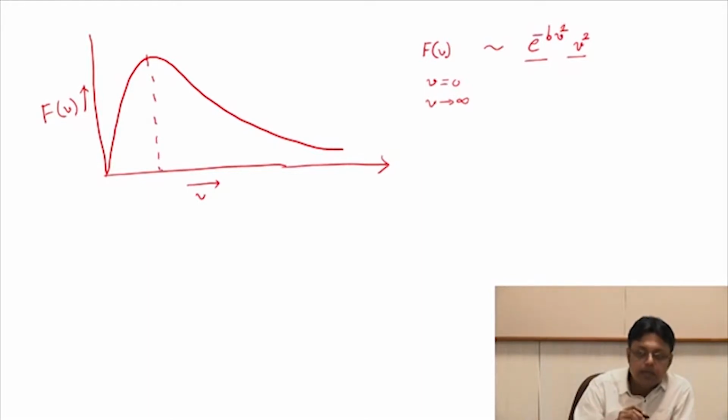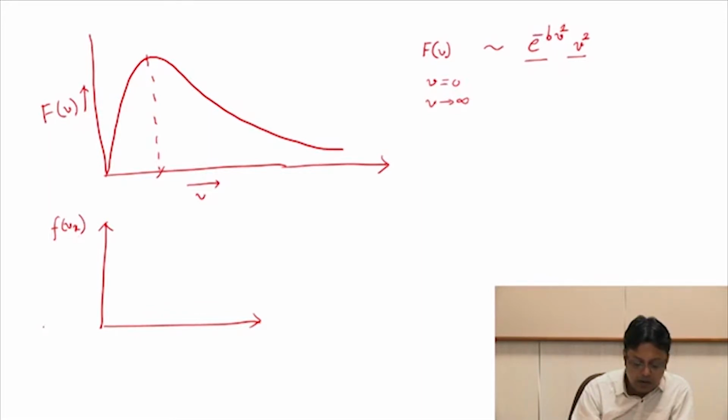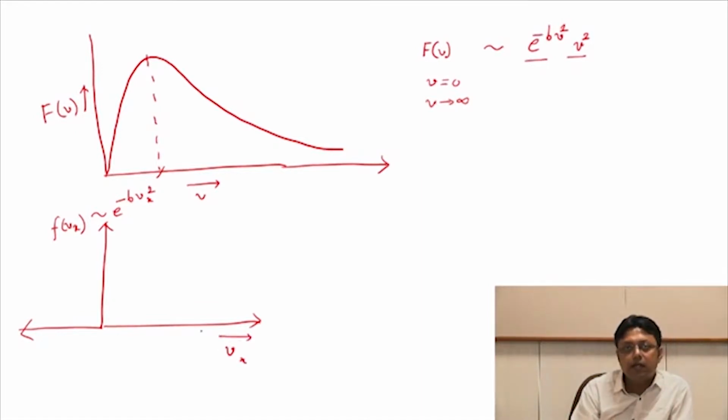Now remember that this is a speed distribution. If I had plotted the velocity distribution, which is f of vx that we discussed very early, it has a form of e to the power minus b vx square. So if I plot vx along this axis, remember that velocity can take both positive and negative values.